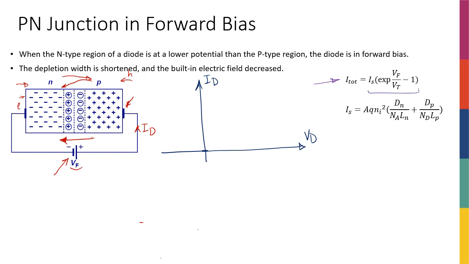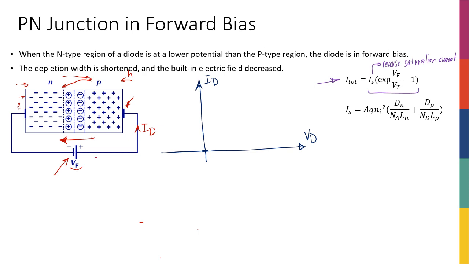So we have an I_S, which we call the reverse saturation current. I'm going to tell you why we name it this in a moment. And then e to the power of Vf over Vt, Vf being the forward voltage that we have applied, the voltage of our voltage source.